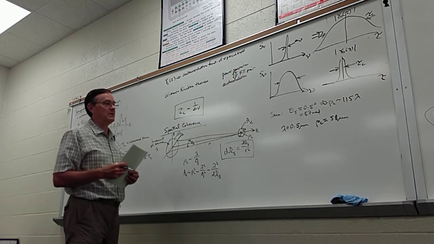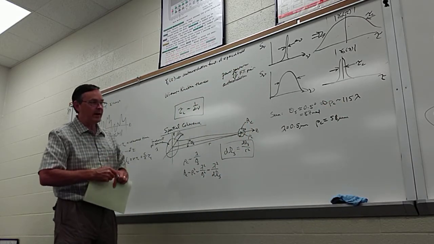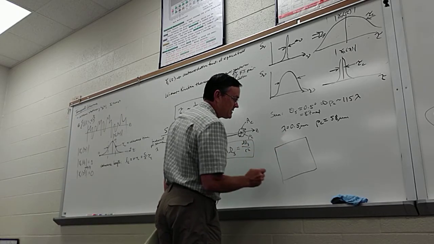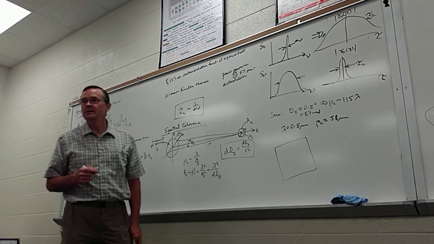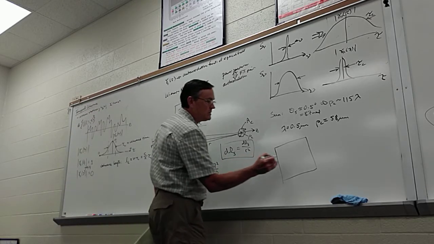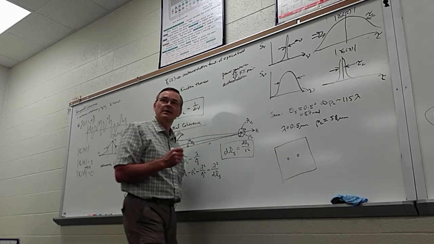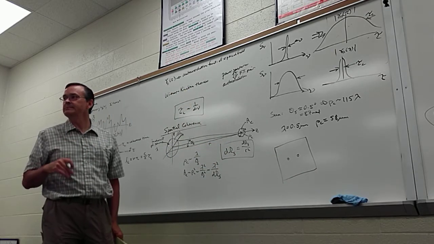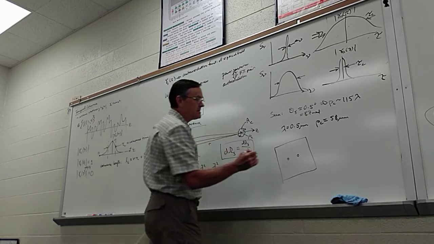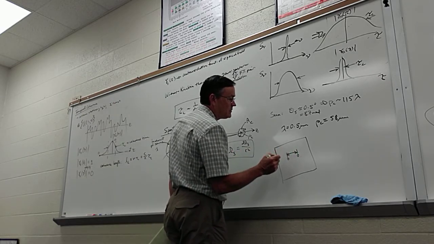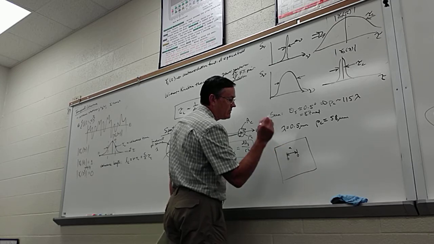So what does this mean? Let's say that we had a piece of aluminum foil, and we punched two tiny little holes in that aluminum foil. How small? Just small. And let's say that the separation between those two holes is, I don't know, a.